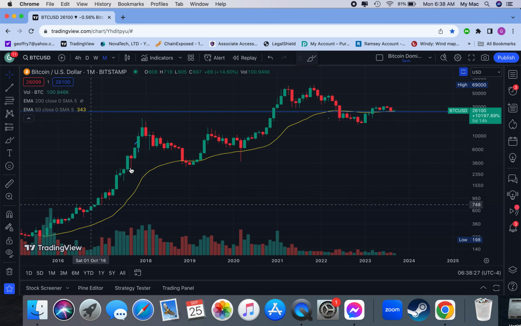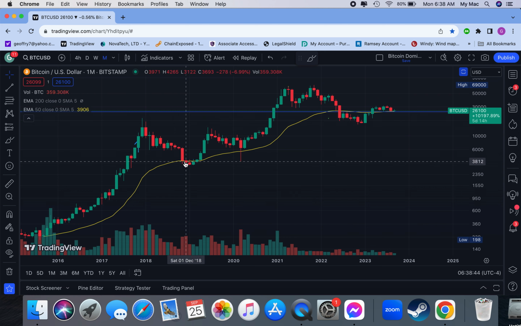So you can see we had to build up to the 20,000 last time, and Bitcoin tends to move in waves. So we got above the yellow on the monthly, and it rolled all the way up here to 20,000, came back down, just barely dipped below it for a little bit, and then pumped back up.